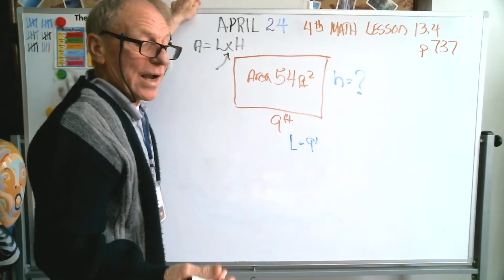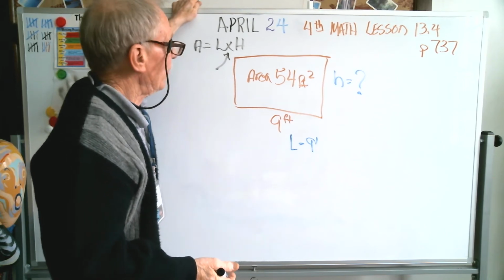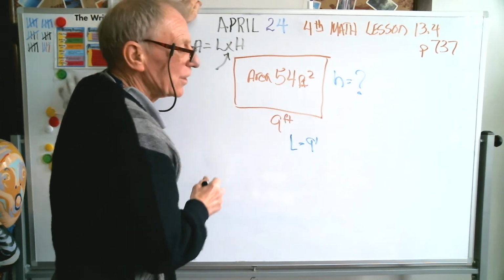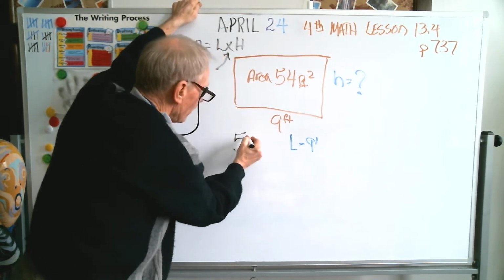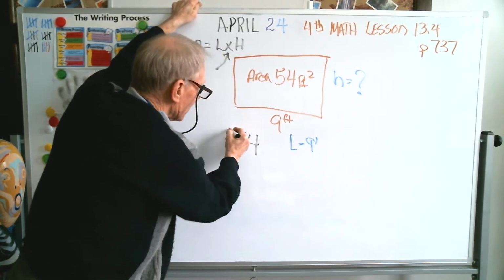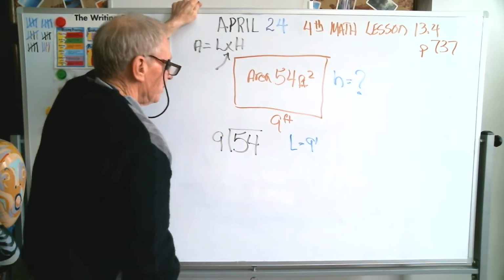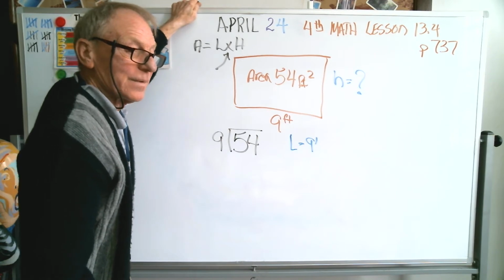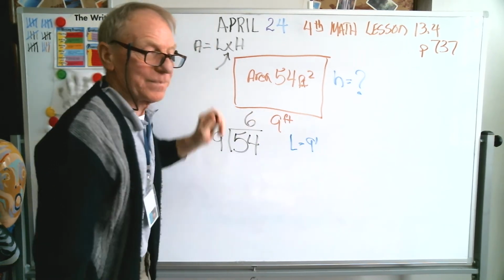So whenever you're trying to find the opposite, you use the inverse operation. So what you're going to do to figure this out is you're going to take the 54, you're going to divide it by 9. 9 goes into 54 6 times.